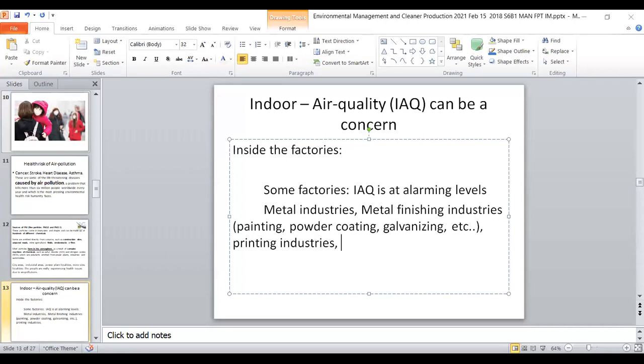When you take the newspaper, you feel a good smell, but it is really not good for health. Printing industries. Yes. Even cement.